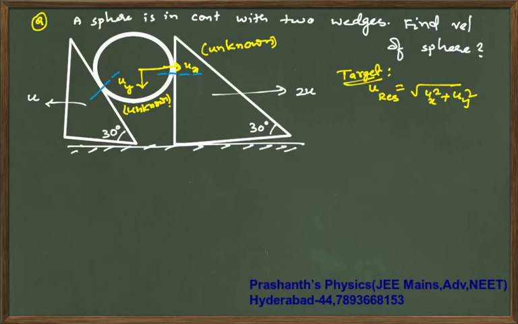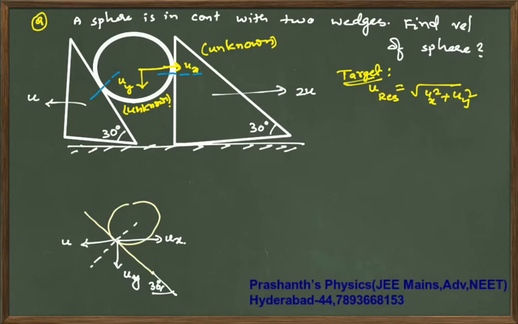Now, if you take these two surfaces, you have the surfaces like this, your common normal is this way, this is u, you have uy and ux this way. Now this angle, if it is 30 degrees, this will become 60 degrees. Along the common normal, velocities must be the same, right?